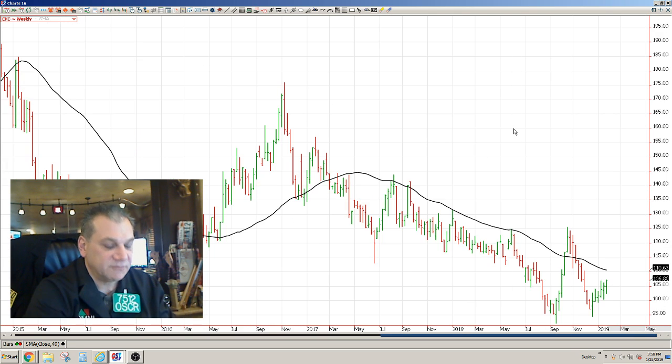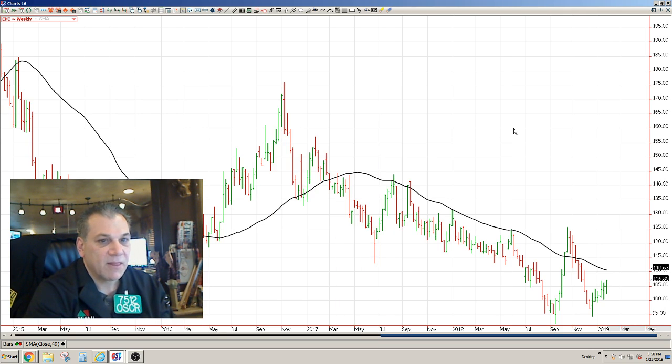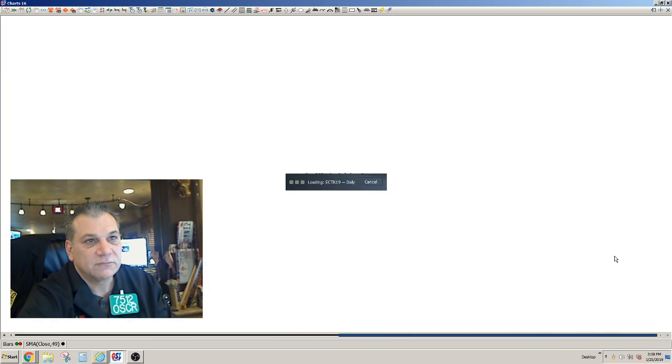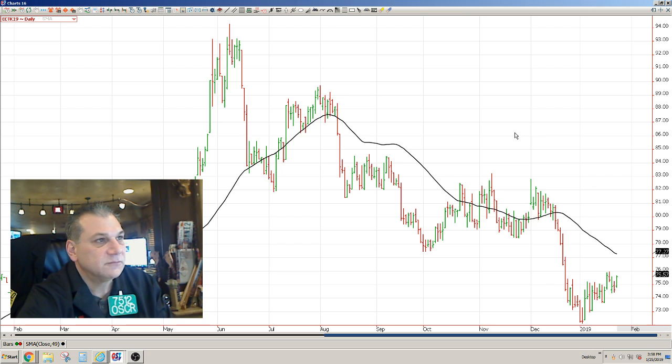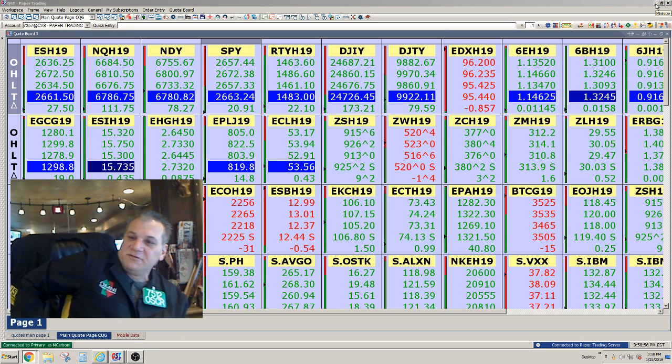It's almost under $100. What was that, 105? Cotton. Wow, the softs are just getting hammered. This is their time of year too.